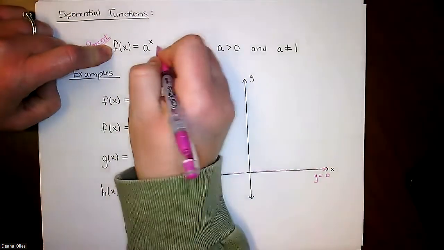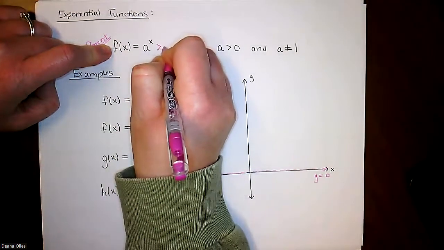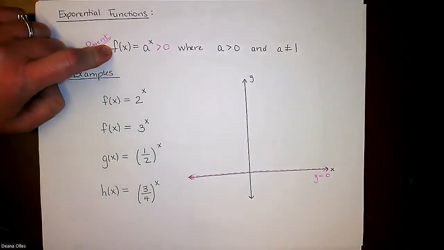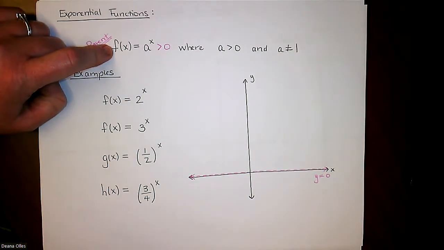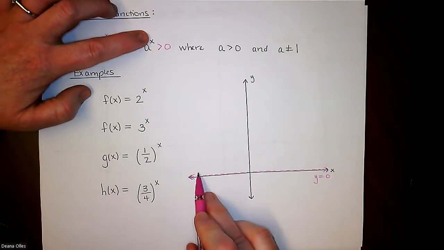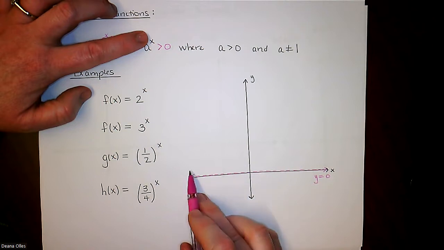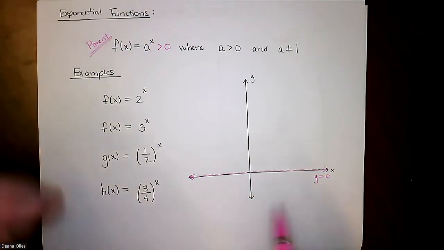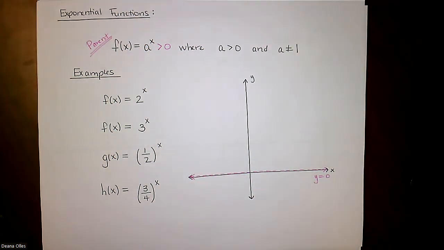All right, so it might be important to say, hey, no matter what I do, this thing is always going to be positive. All right, but as you raise a number to negative values, you're actually making it smaller, right? Because you're flipping it. You're taking the reciprocal of that number to whatever power you're dealing with.